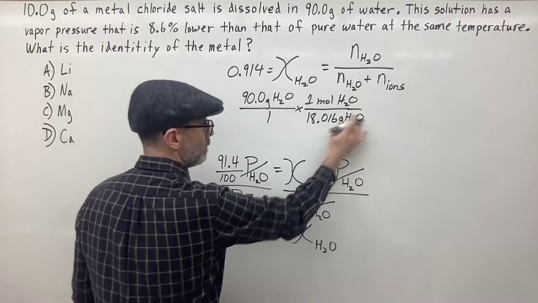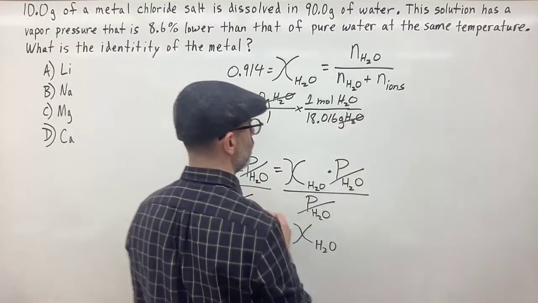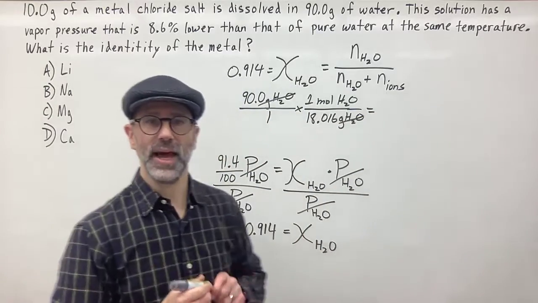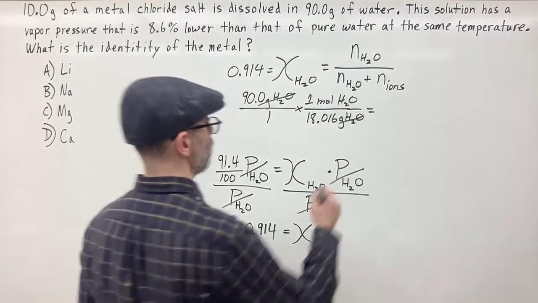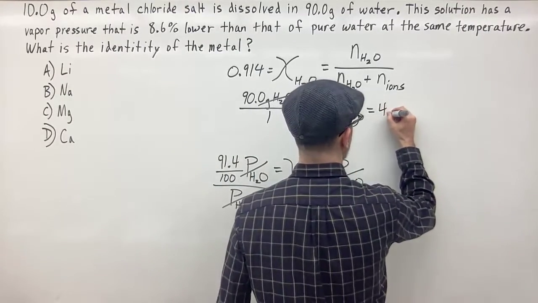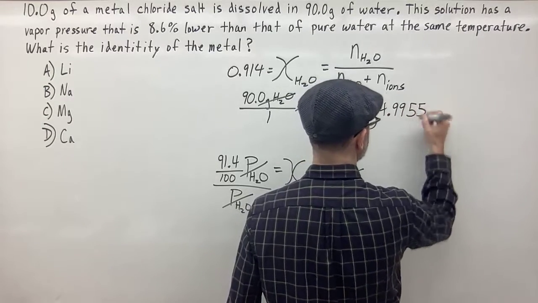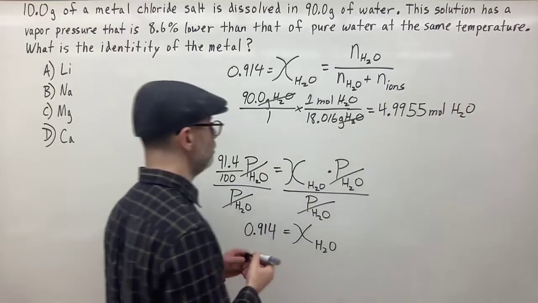So I put grams on the bottom to cancel out grams on top. So grams of water cancels out. I have moles. And when we calculate that, we get 4.9955 moles of water.